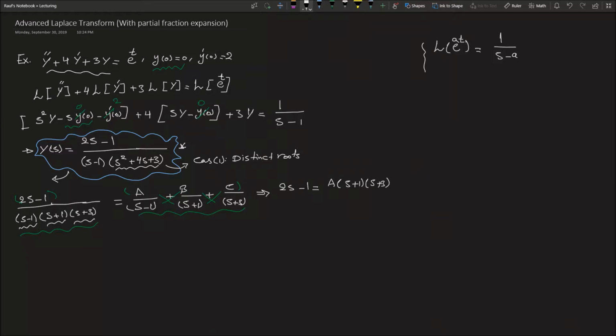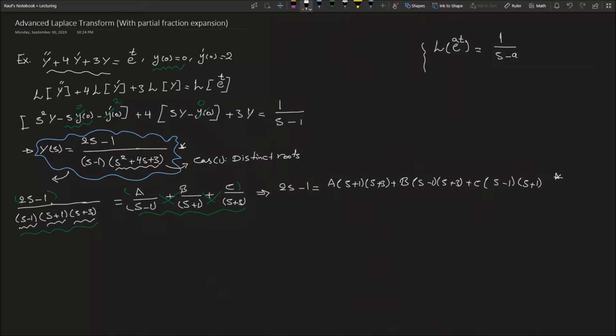Then you have plus b, the second term, multiplied by s minus 1 multiplied by s plus 3, plus c multiplied by s minus 1 multiplied by s plus 1.